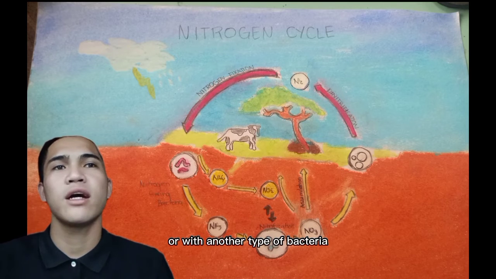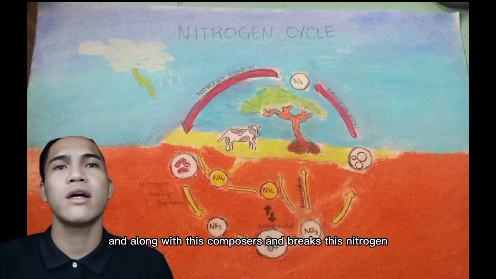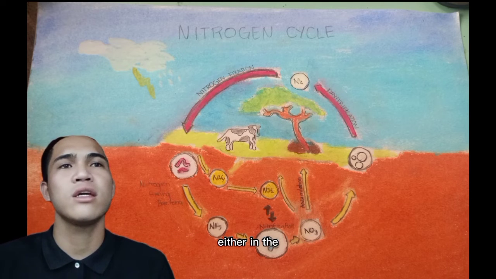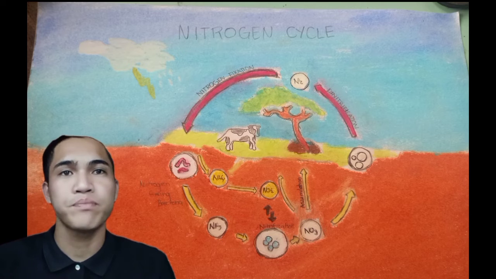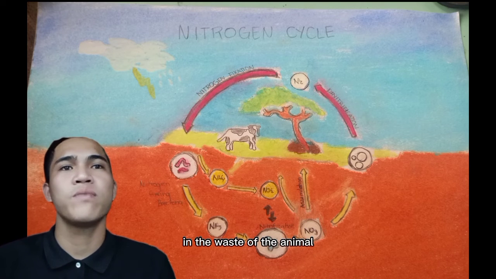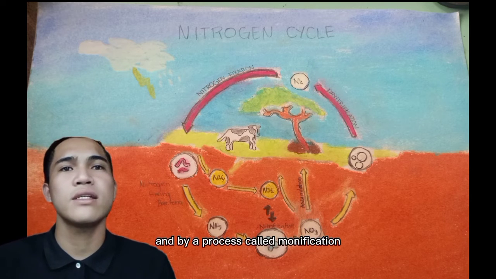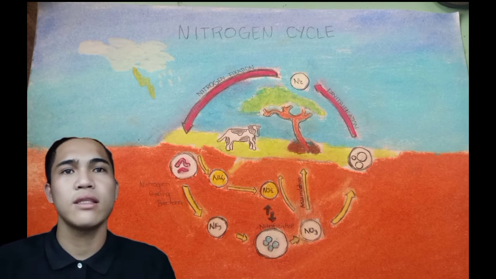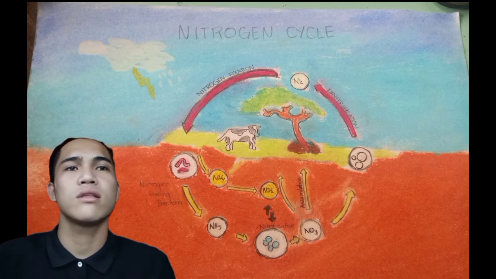Another type of bacteria then takes this, along with decomposers, and breaks down the nitrogen in the waste or the dead animal, and by a process called ammonification, the nitrogen can enter the cycle once again at nitrification, and the cycle continues.